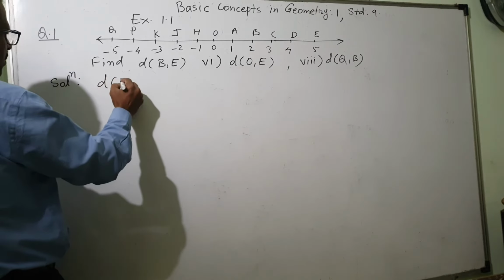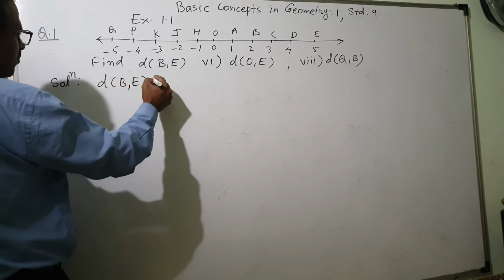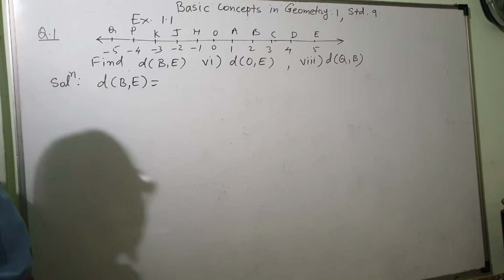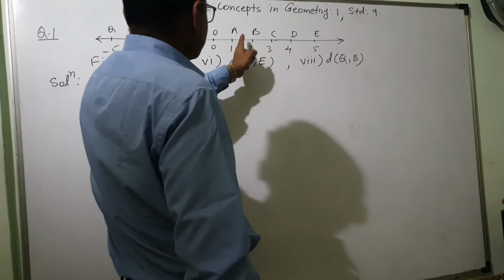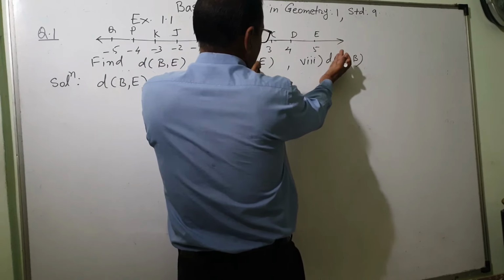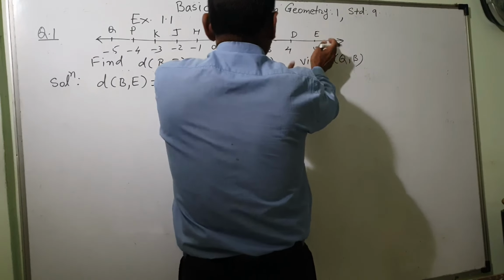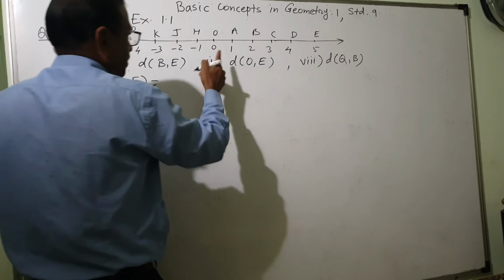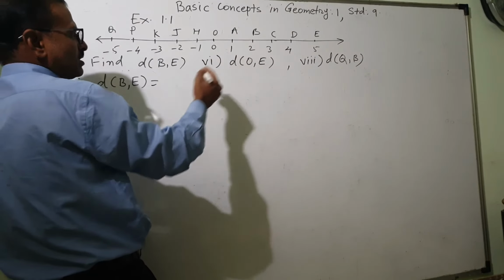Distance BE equal to, in B and E, which is smaller, that you have to find first. The number on the right side is always bigger. So coordinate of E minus coordinate of B. So bigger coordinate minus the smaller coordinate.